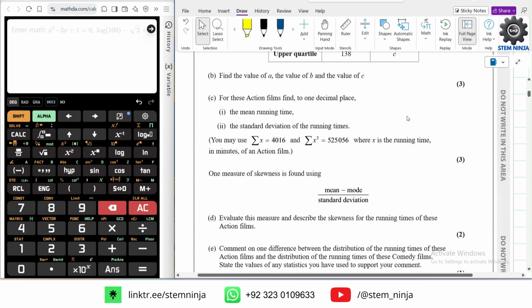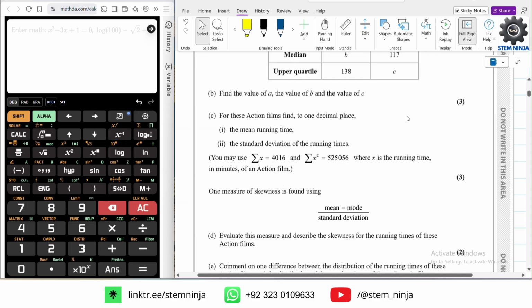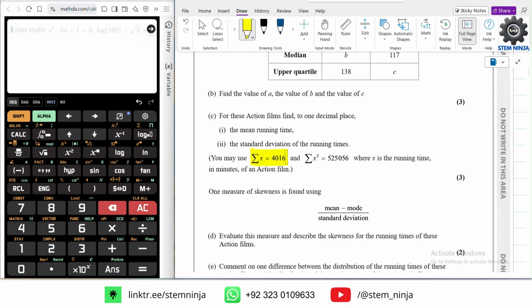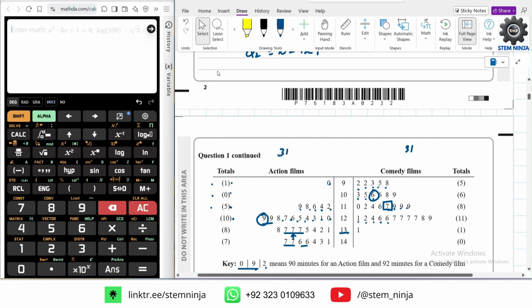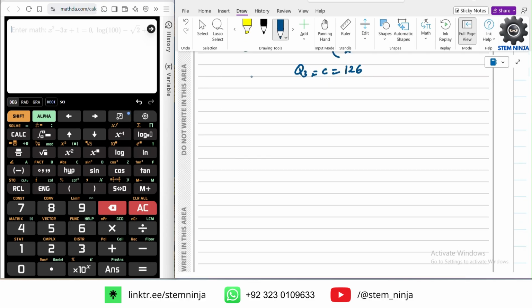For these action films, find to one decimal place the mean running time and the standard deviation of the running times. You may use the sum of x is 416. They have made things easy for us.